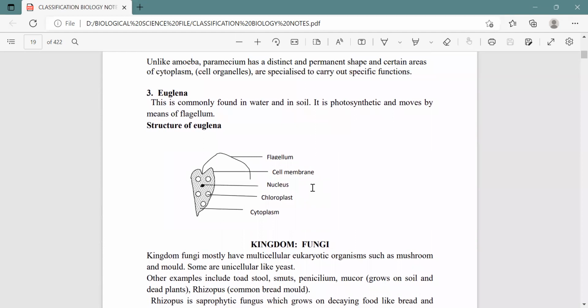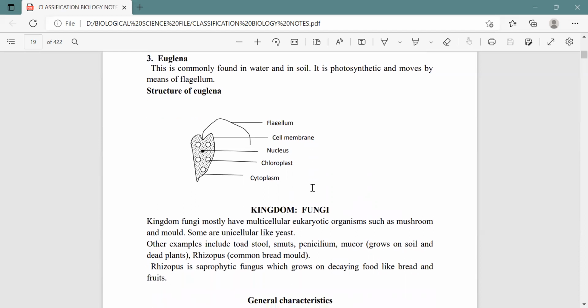It is Euglena, which behaves as an autotroph. It can carry out its own autotrophic nutrition using the chloroplast that it has, so it can carry out photosynthesis.